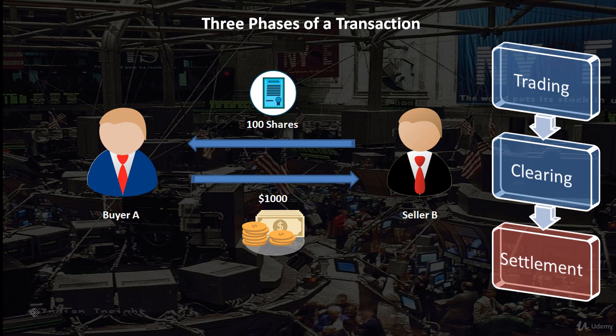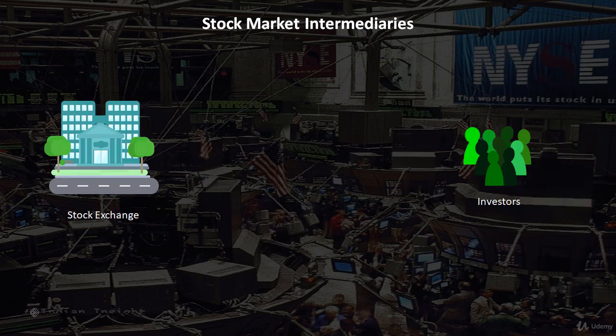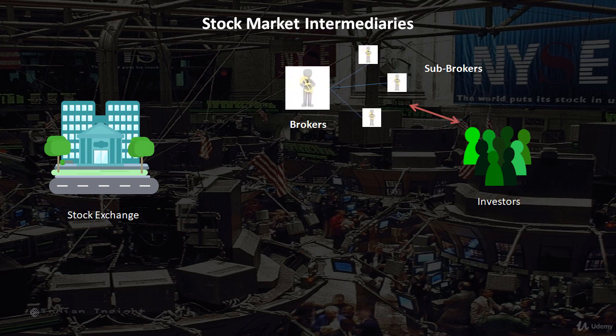Various intermediaries play different roles in a security market transaction. The first intermediary is the trading member. Trading members are your typical stockbrokers and their affiliates, also known as sub-brokers. Every investor is required to route their transaction through one of the trading members.